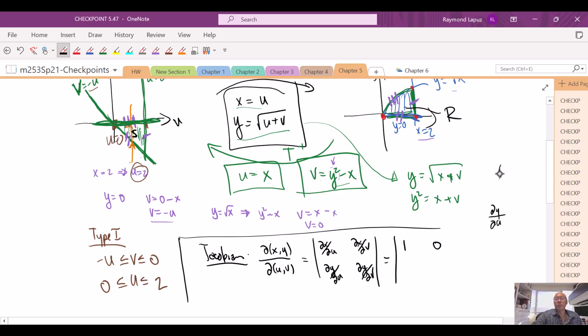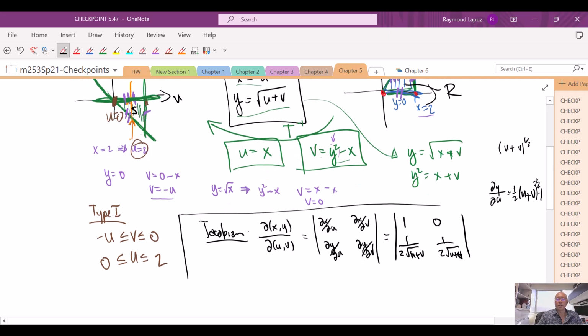dy du, if we look at u plus v to the 1/2 power, is going to be 1/2 times u plus v to the negative 1/2 power times 1. And that's going to be the same for both of them. So I think this is going to be 1 over 2 square root of u plus v, and then 1 over 2 square root of u plus v.